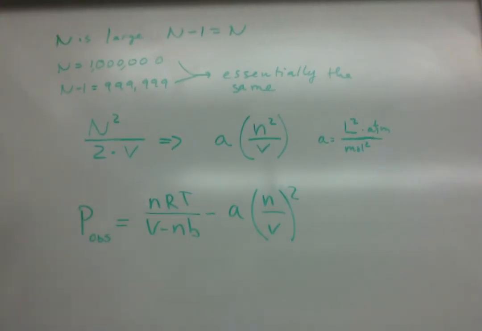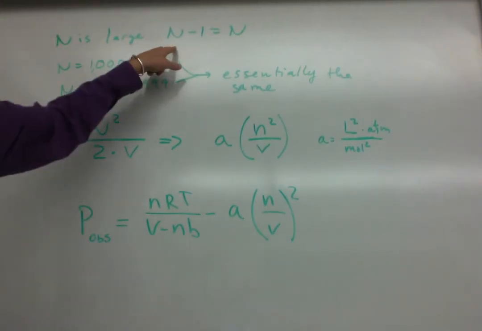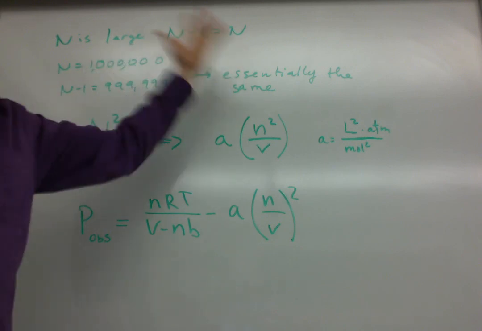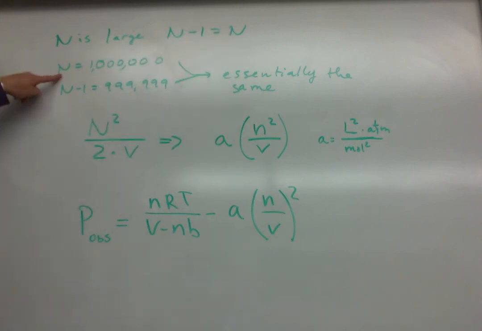Now, if n is very large, n minus 1 is going to basically equal n. So if n is 1 million, which is still very insignificant, like that's small, in terms of the number of particles that we will be typically dealing with in a volume of gas. Well, n minus 1 is 999,999.